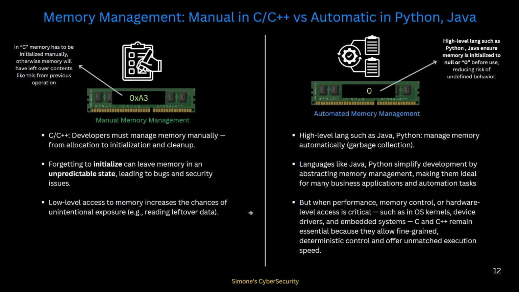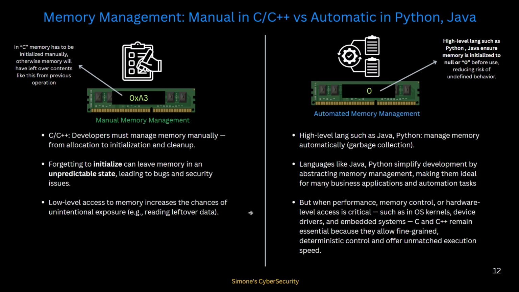All right, let's start our deep dive with memory management, one of the foundational concepts that directly impacts the vulnerability we are studying. In programming, when we create variables or objects, we need space in memory to store their data. Now, how that memory is managed, how it's allocated, used, and cleaned up can differ a lot depending on the language you use.